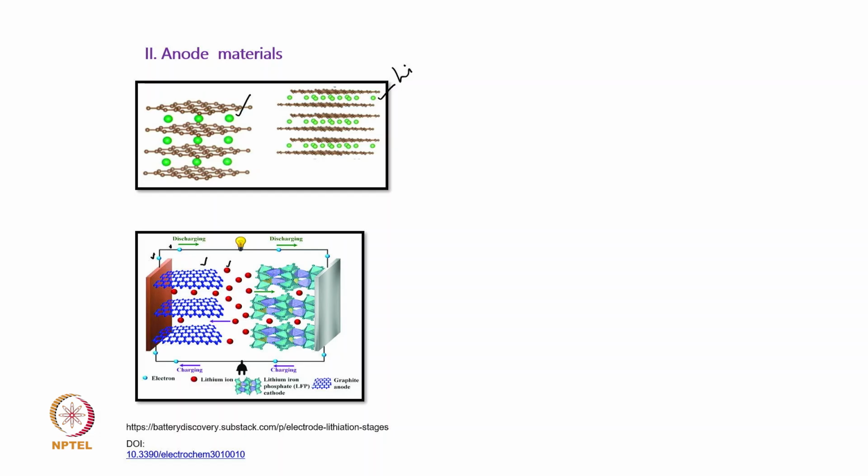This is the discharging process, where electrons go in the outer circuit delivering power to the load, which is a bulb here, and in the charging process electrons go in the opposite direction, that means cathode to anode. In the discharging process lithium goes from anode to cathode, and in the charging process lithium goes from cathode to anode, and one complete cycle of the lithium ion battery takes place.